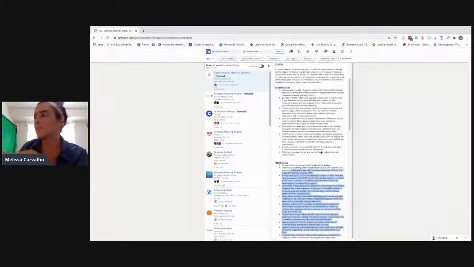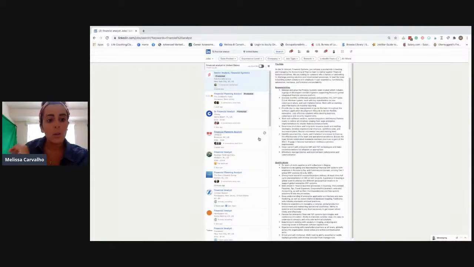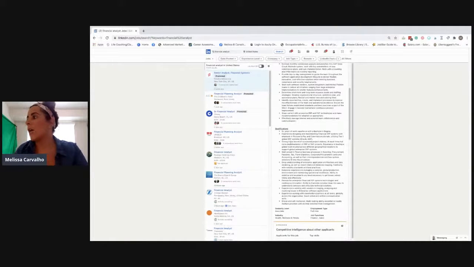And then you can browse through the responsibilities and see what their general day-to-day is for what they are asking of you, right? So you want to look at that. Right after you look at that, this is when you want to compare it to your resume. After you compare that to your resume, you get to see what the common differences are.